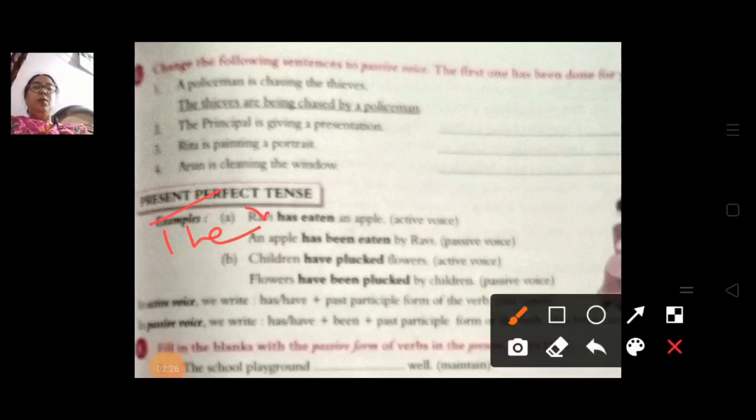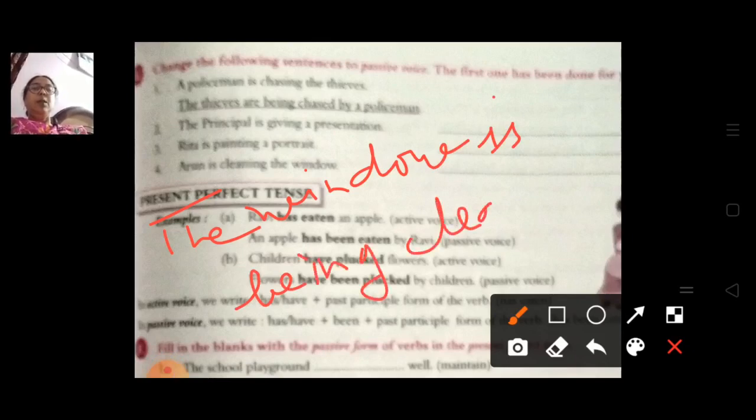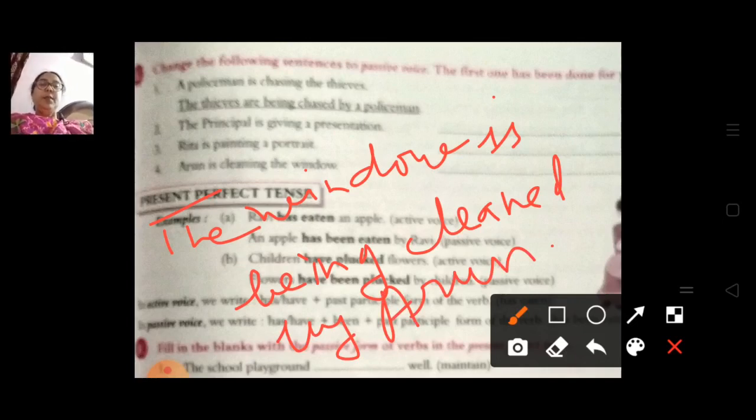Window is being cleaned by Arun. The window is being cleaned by Arun. So complete it.